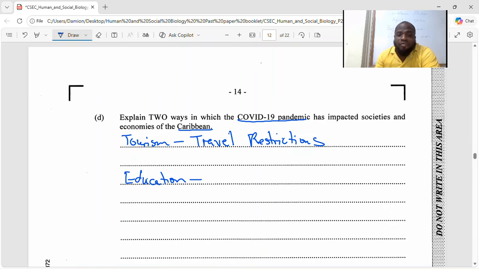The only device was the parent's phone, and the parent may have had to leave for work if they are an essential worker. So there's no means, and so there was a loss of valuable time and knowledge for students who were going to be sitting CXC, PEP and other external examinations, and also for those who were doing internal. So it really affected the education.